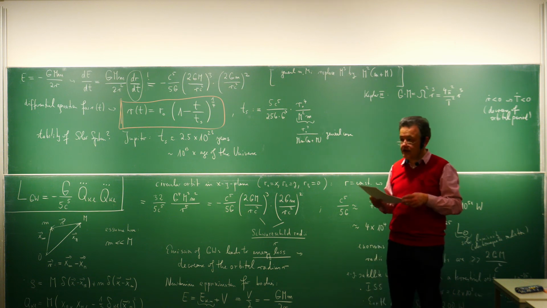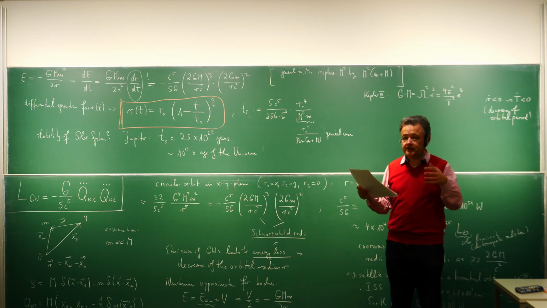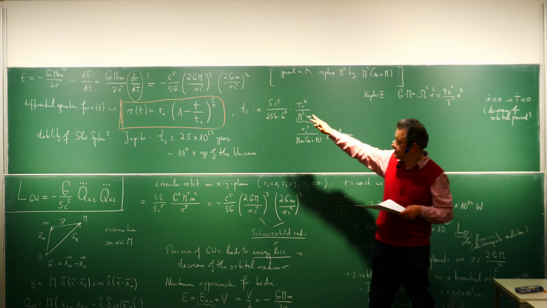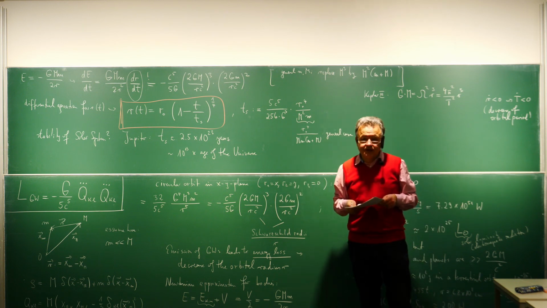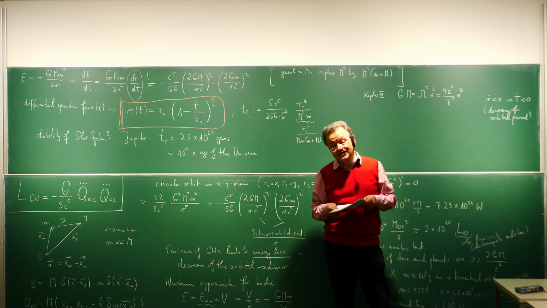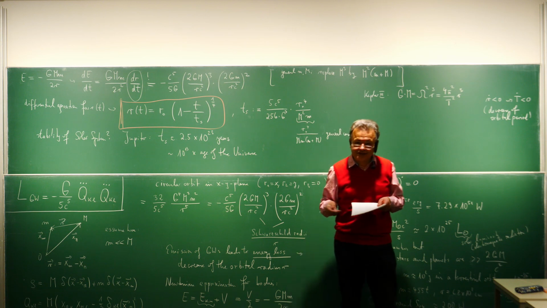They circulate each other, and one can observe the decrease of their period. This has been done over many decades already, and found to be in agreement with the Einstein formula. So this we will discuss next time, and also the direct detection on Earth. So bye bye for today, and until next time.